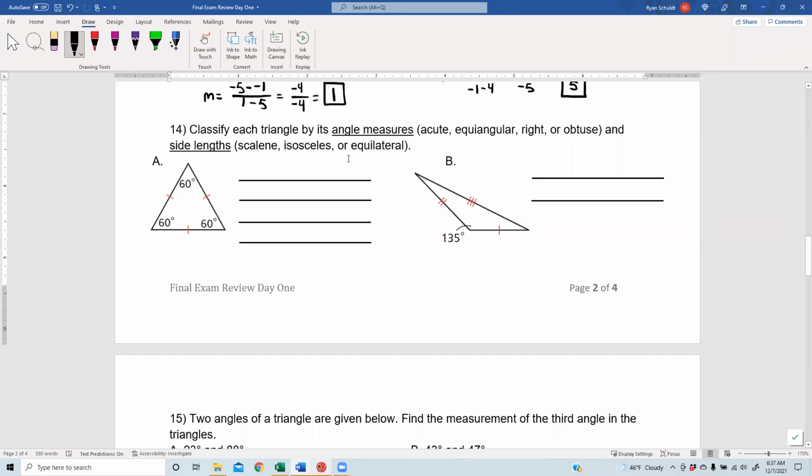Okay, 14, classify each triangle by its angle measures. So we have to say if it's acute, equiangular, right, or obtuse, and the side lengths, meaning is it scalene, isosceles, or equilateral. A has 4 names. All the angles are the same, so we call it equiangular. 60 degrees is an acute angle, so this is also acute.